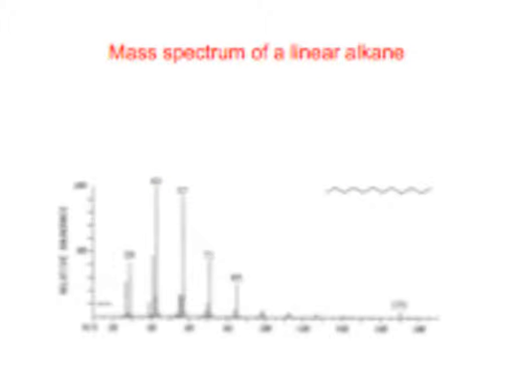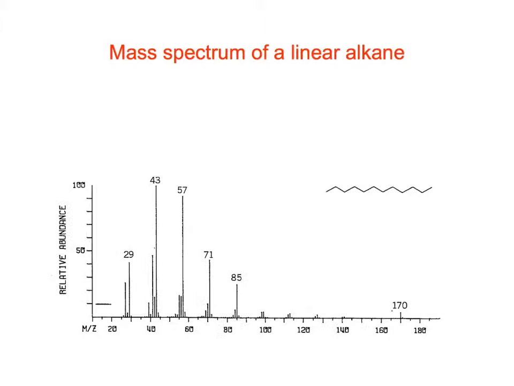Okay, so here's a mass spectrum of, I think, 1, 2, 3, 4, 5, 6, 7, 8, 9, 10, 11, C12, dodecane. The molecular ion is out here at 170. And what do we observe?